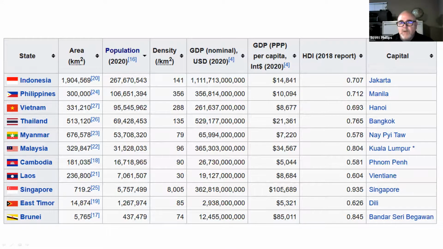It's also relatively wealthy compared to other countries. If you look at the average income, it's tens of thousands, and then you get over 100,000 here. It's a wealthy little city-state in Southeast Asia. So that's Singapore. We're going to be talking about that later.